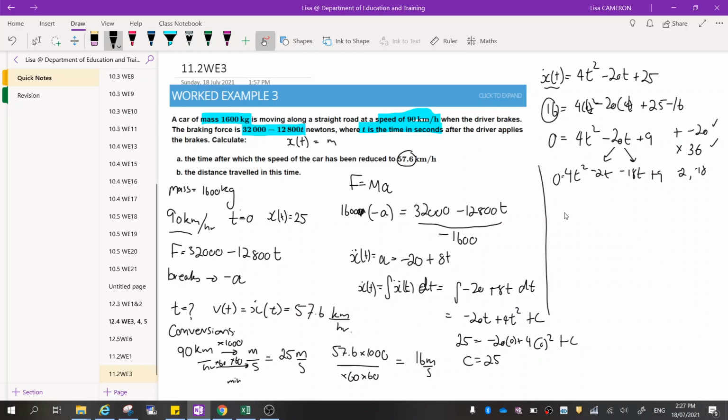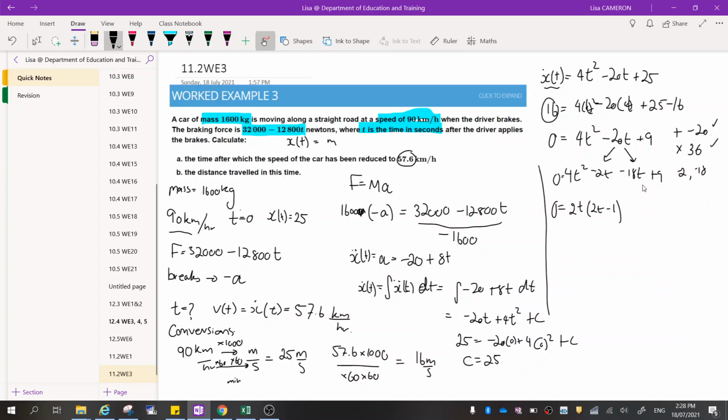Now I'm ready to start factorizing. So the number that these two share is going to be 2, and they share a letter of t. So when I divide, let's try writing that again. That's turned out horribly. So 2t bracket, I'm left with 2t minus 1.